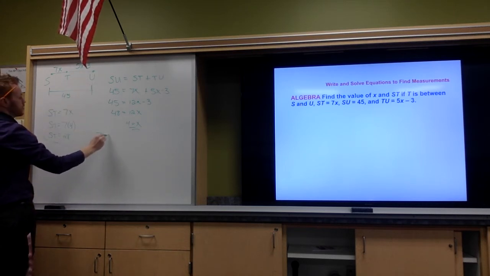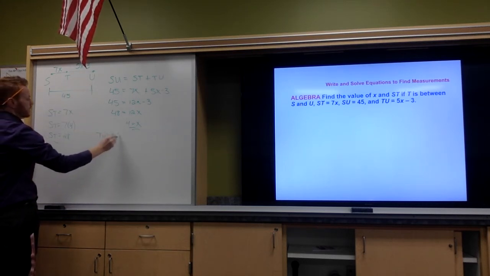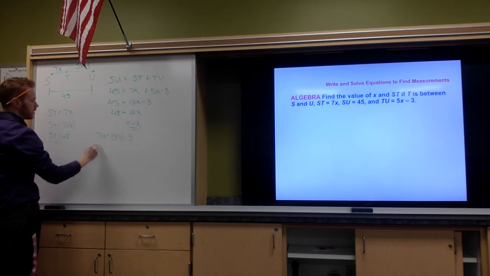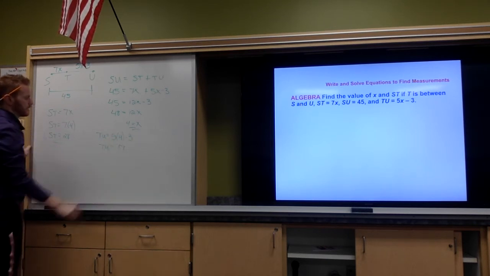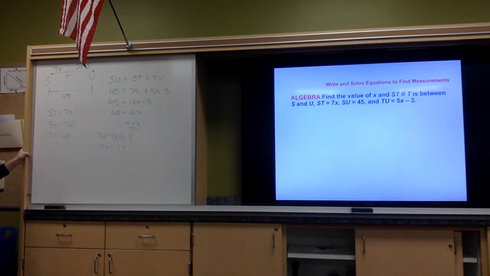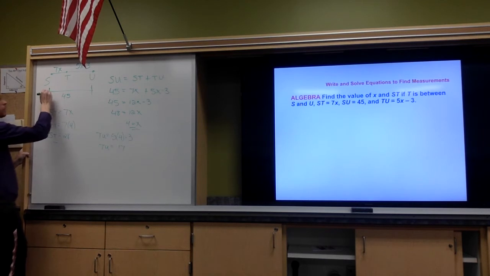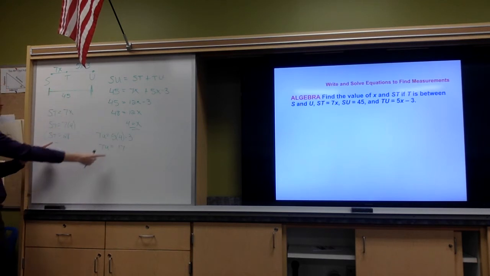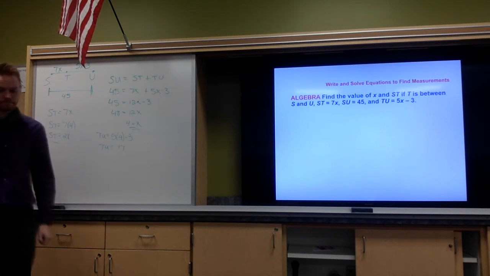So TU would be 5 times 4 minus 3. So TU is 17. Is 28 and 17, sorry. If I add those up, do I get 45? I do. So for these problems, you can always check your work. If you know what the whole length of a segment is, see if the parts add up to it. And they should.